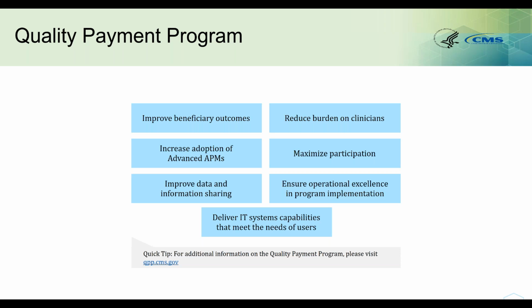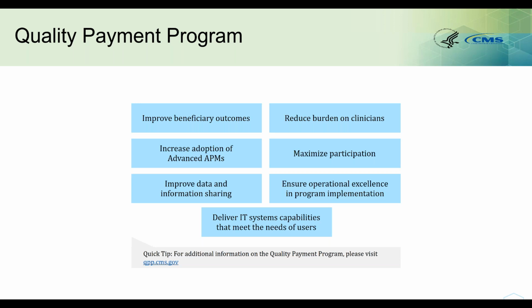We identified a number of principles and strategic goals around the Quality Payment Program in year one. You see them listed here. I will only highlight a couple of them. Of course, improving patient outcomes is number one. We're very, very focused on finding ways continuously to reduce burden on clinicians. Part of that is by ensuring that they have information about the program, but also about their own performance and about their patients at their fingertips.